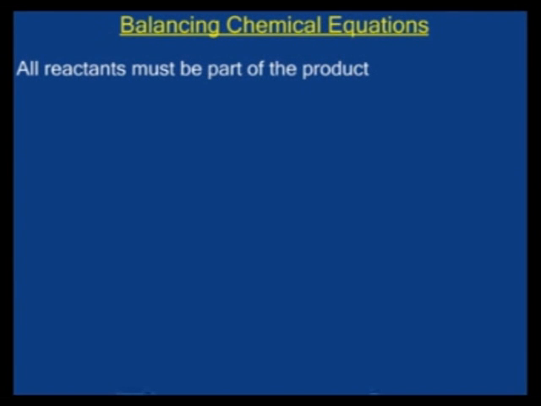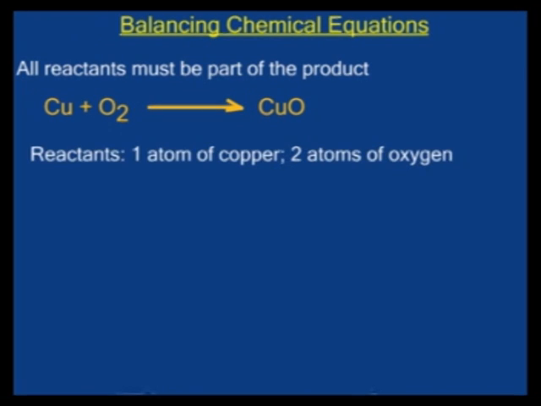Now, when a chemical reaction takes place, nothing is lost. All the reactants must be part of the product. Consider the equation copper plus oxygen to form copper 2 oxide. Now, simply stated, one atom of copper reacts with 2 atoms of oxygen to form copper 2 oxide.